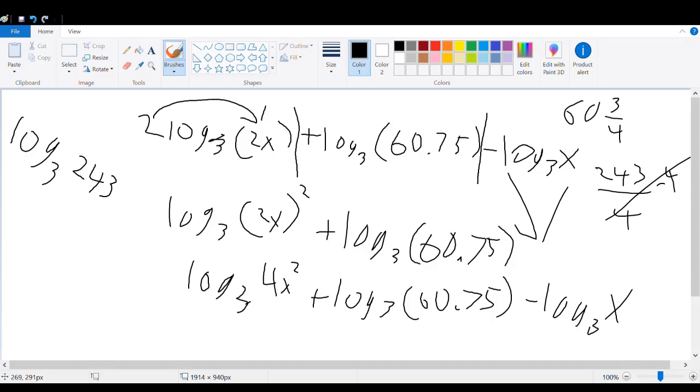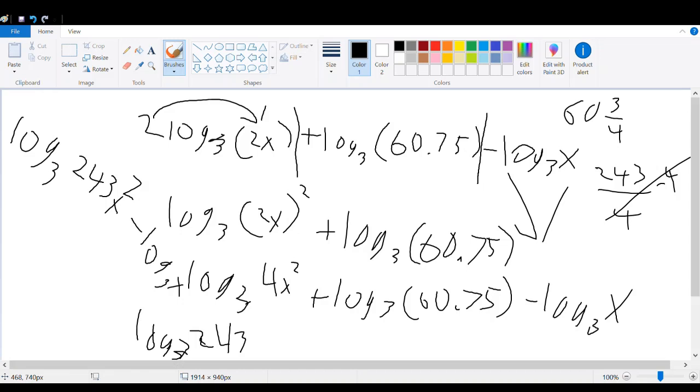Log base 3 of 243, and I'm separating this for a reason. Normally, you would still have to condense that subtraction sign, but 243 is a power of 3, and I know that because I made the problem.